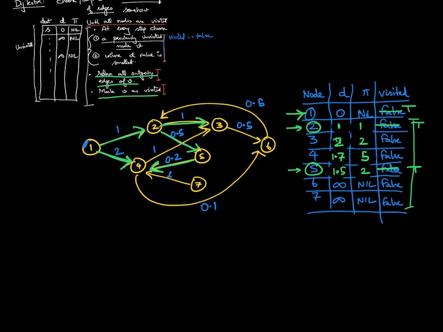Okay, what's the next one? Well, the next one is 4, whose weight is 1.7. The outgoing edges for 4 get relaxed, which are 4 to 3 and 4 to 6. When I do 4 to 3, 3's value would be 1.7 plus 1, so 2.7, but it's already 2, so I'm not going to touch it.